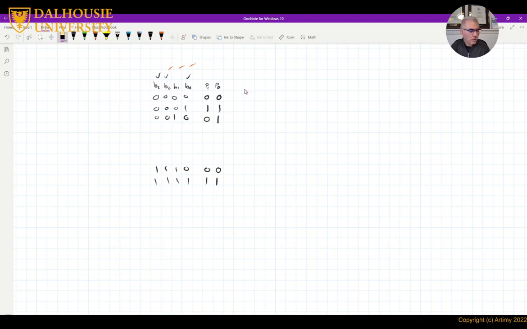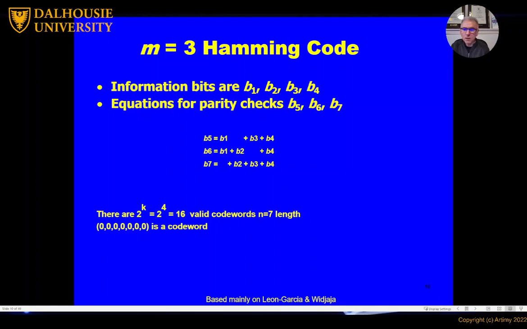My Hamming code that I showed you here is not very good, but the example that is shown in the picture here is better. So here we start by taking 4 bits and we add 3 bits to them, right?